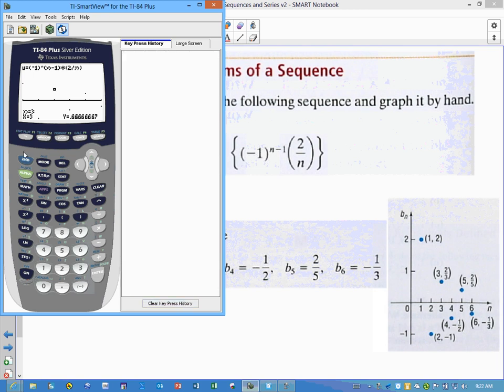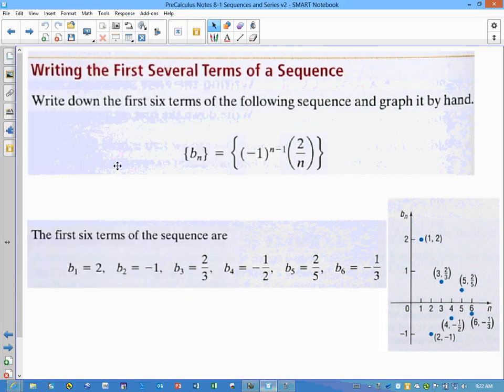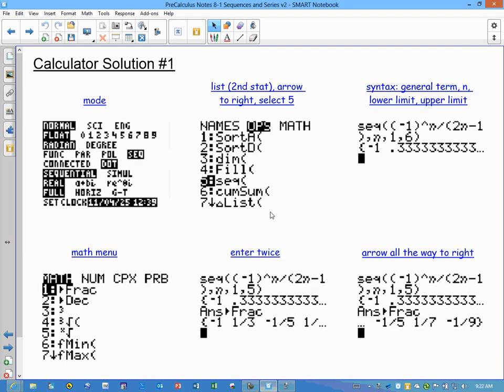Okay, now just as a quick recap, because these will be in the notes, for the procedure for the calculator solution where you just make the list, first of all, we want to make sure our mode is in sequence and dot. Then we're going to go to the list menu, which is second stat.